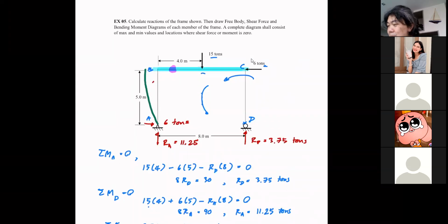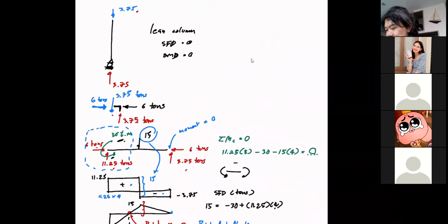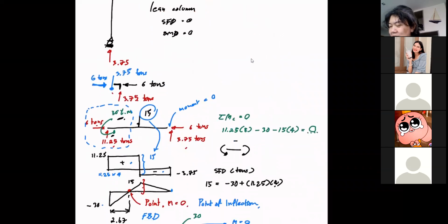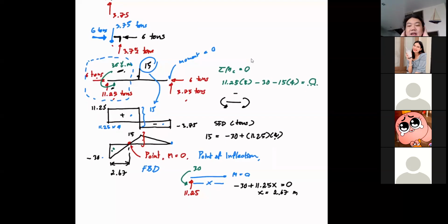But what about BC? The most fun thing is here. Ooh, now you have the negative and the positive moment. So how is member BC going to deflect? You know that the negative moment will give you this shape, but the positive will give you this shape, right?